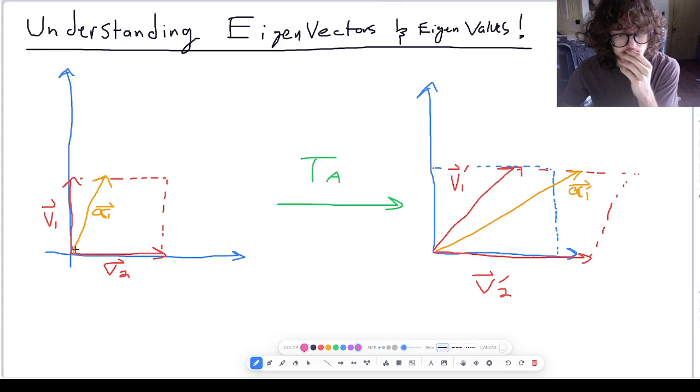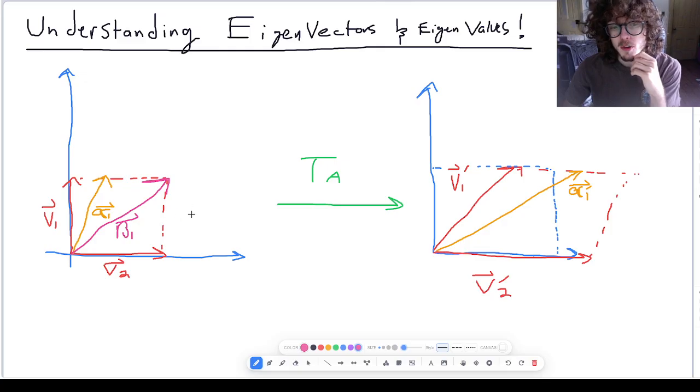But let's take a vector, say something like this. Now, this is imaginary. I'm not saying that this is true or not, but we're going to roll with it. Let's say we have some vector like this, which we're going to call beta 1. Okay, that intersects 1, 1. Let's say we do the same transform on it.